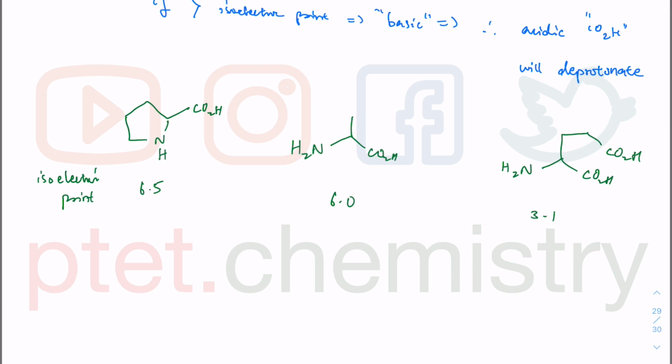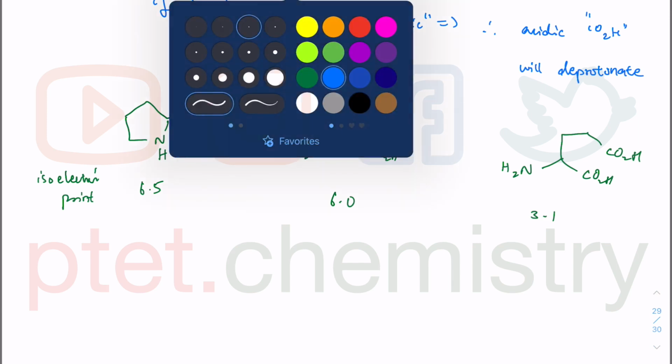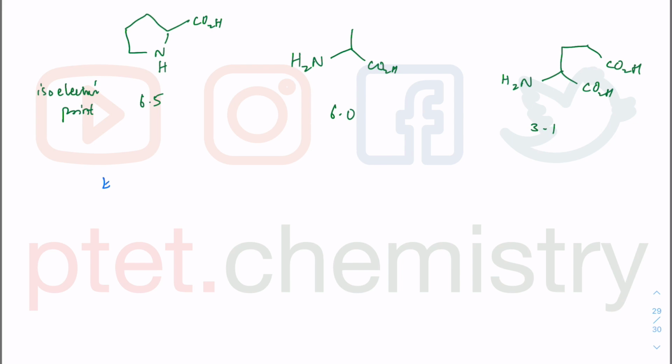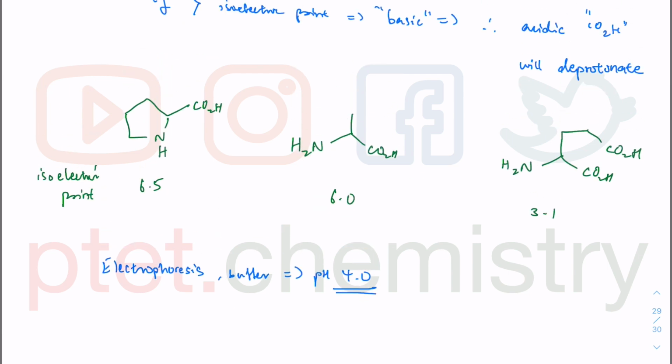So a mixture of these amino acids you analyze by this technique called electrophoresis. So you apply an electric field, an electric gradient, using a buffer. So you need a buffer solution. Your buffer is at pH 4.0. That is what we are comparing these against, the buffer pH.